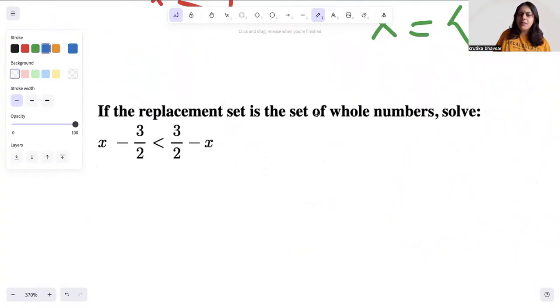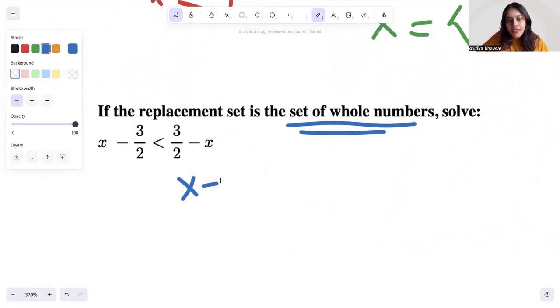Again, a similar type of question, but with fractions, just to understand more conceptually about fractions. Again, it is the set of whole numbers. I'm not going to write whole numbers again because you can refer to the previous question. Again, we have x minus 3 by 2. So I'm going to take like terms to the other side.